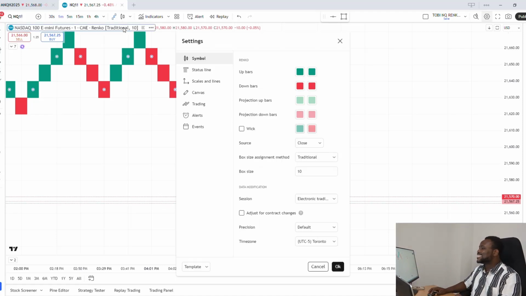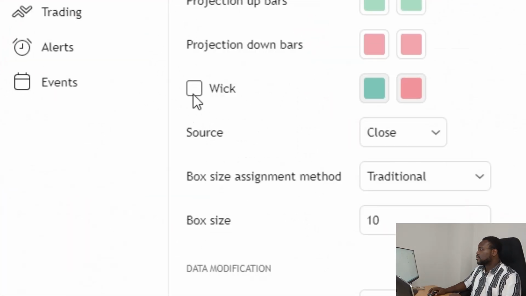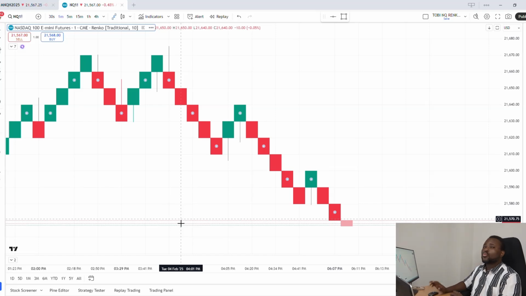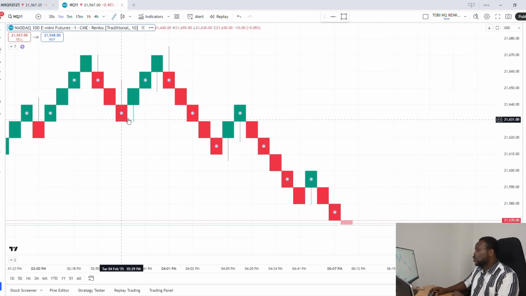There is a setting called wick. If we click the wick, you are now going to see wicks on the Renko. There's a wick there, there's a wick there, and so on. What does the wick signify? The wick signifies that there was a major pullback.